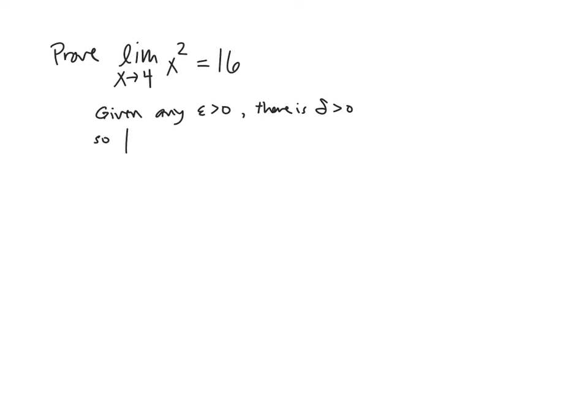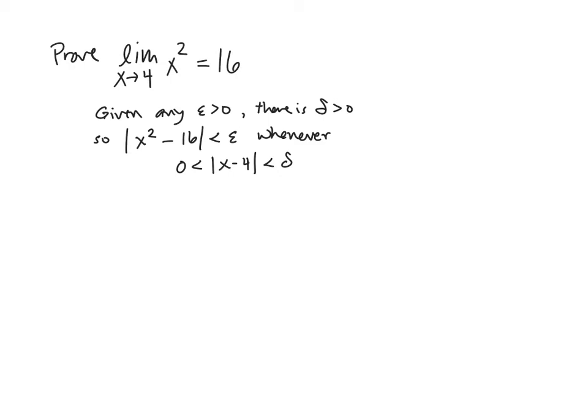So the function x squared minus the limit 16 is less than epsilon whenever 0 is less than |x minus 4| is less than delta.